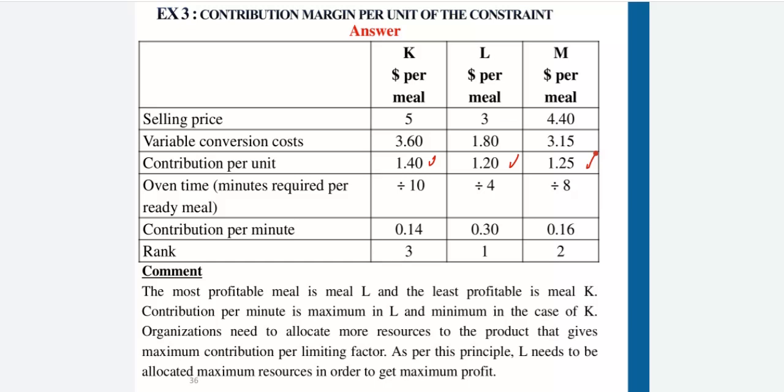But I need to convert the contribution margin per unit to contribution margin per minute. The meal here has profit of 1.4, but it takes how many minutes inside the oven? 10 minutes.